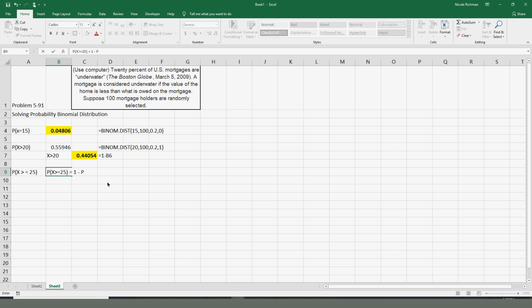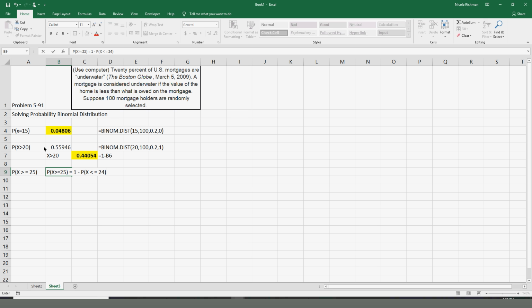Man, I really can't type today. I'm trying to type and read at the same time. So the reason we use 24 is because we want to include that 25.